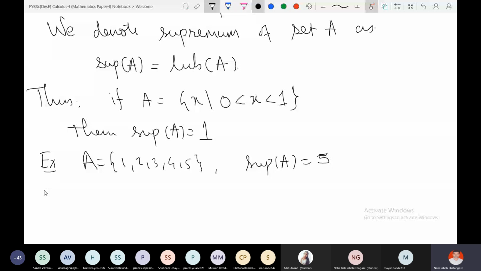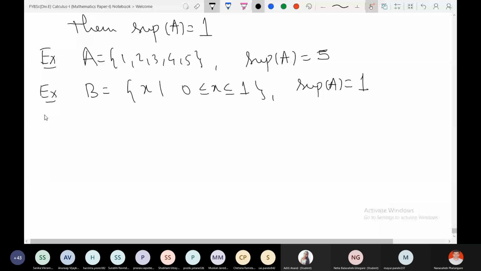Now if my set is B, the set of x such that x is less than or equal to 1, then what is the supremum? In the previous case, it was 1. Still the supremum is 1, even when 1 is included.